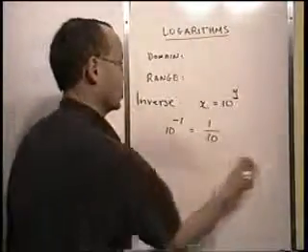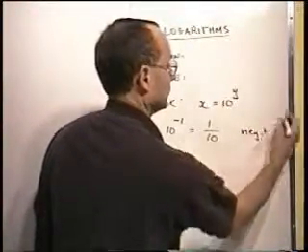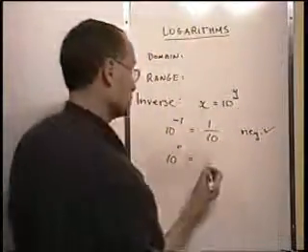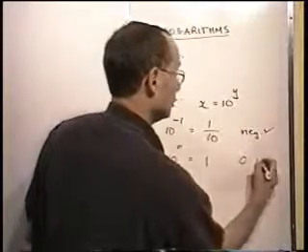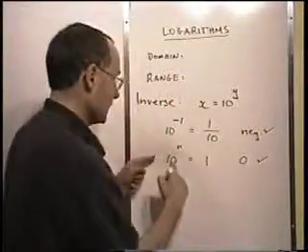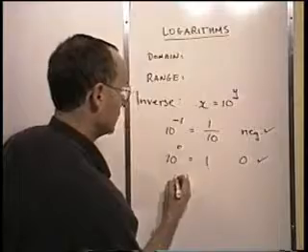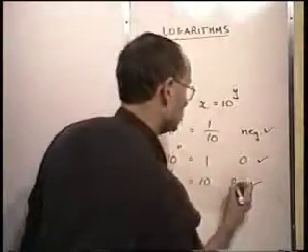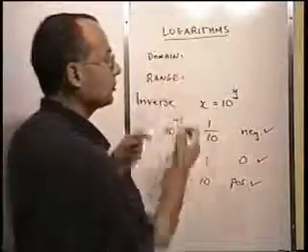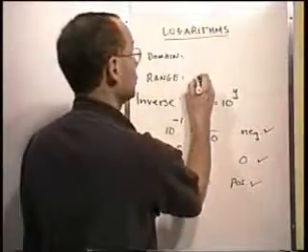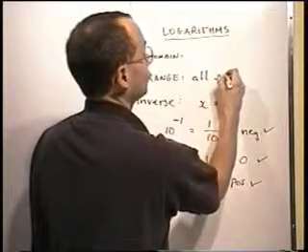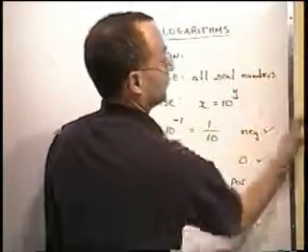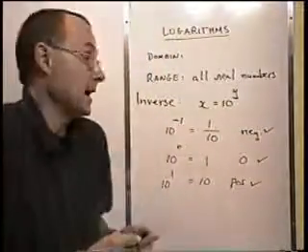So negative numbers are all right. 0 is okay. 10 to the 0 is just going to be 1, so 0 gets a green light. And positive numbers are okay, something like 10 to the 1, well, that's just 10. That works too. So as far as the range or the y values are concerned, we see all real numbers being pretty easy to put in for y.